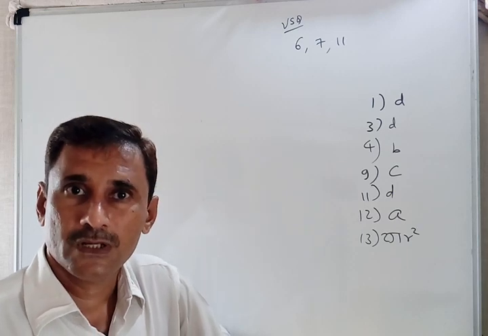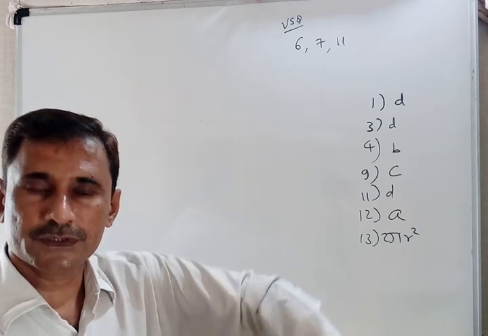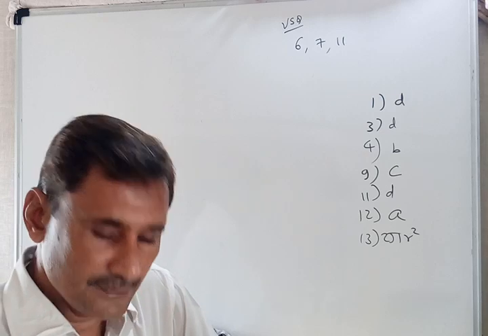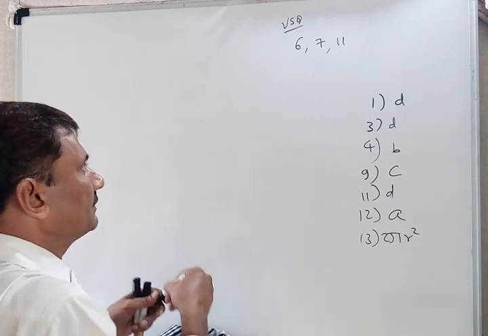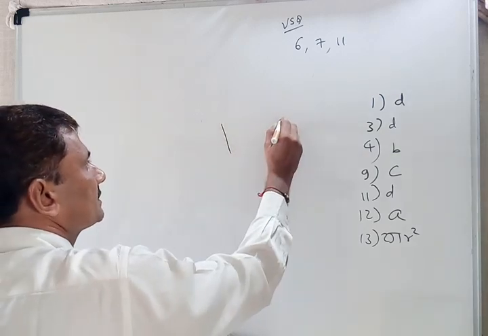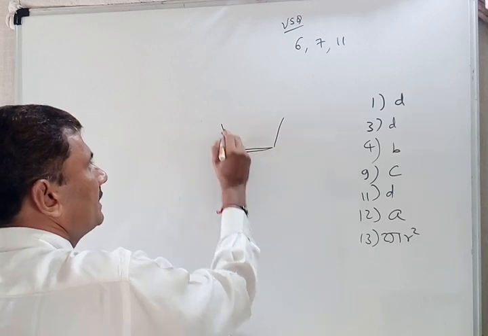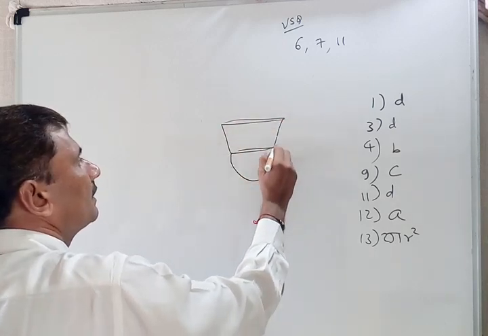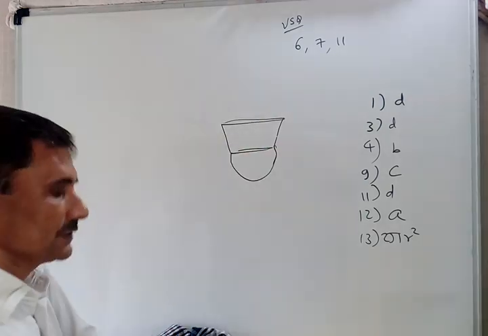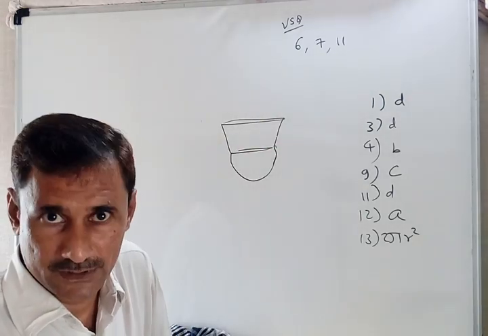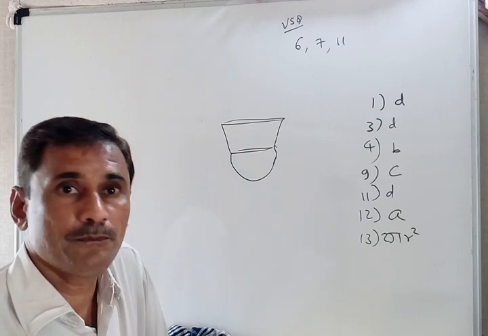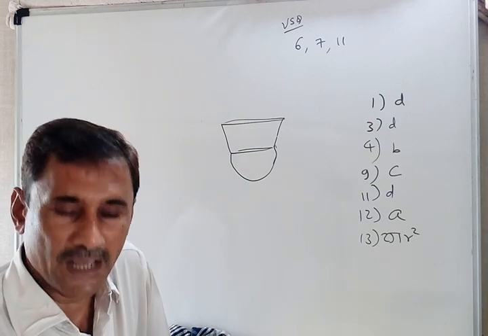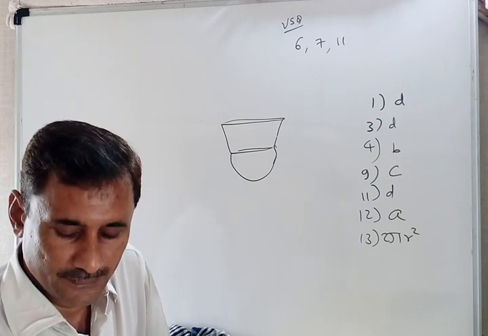Shuttlecock. Shuttlecock is a frustum of cone as well as a hemisphere. Why? Its shape is just like that. Shuttlecock in badminton is just like that. Okay. So here frustum of cone plus hemisphere. Pipe. Cylinder.